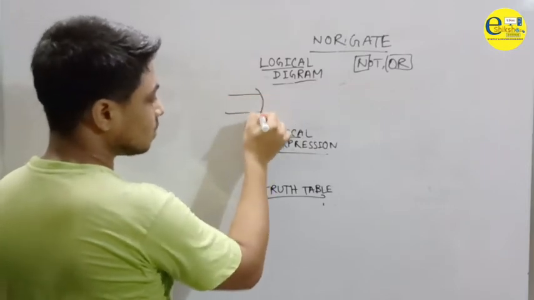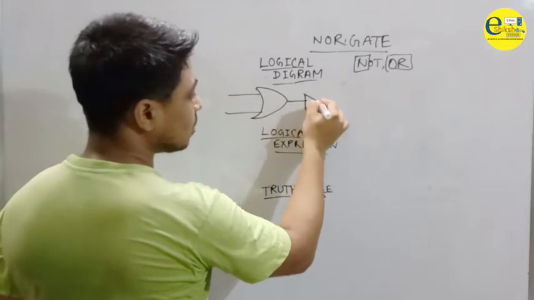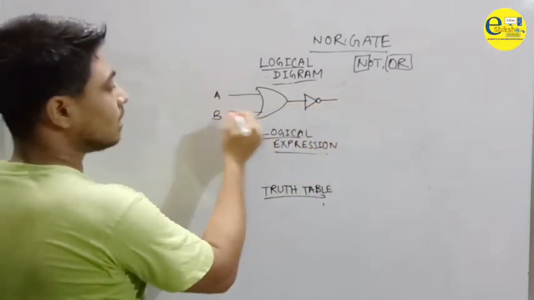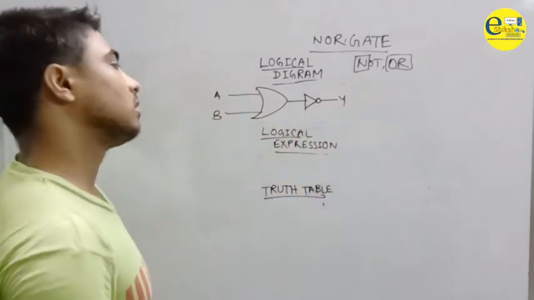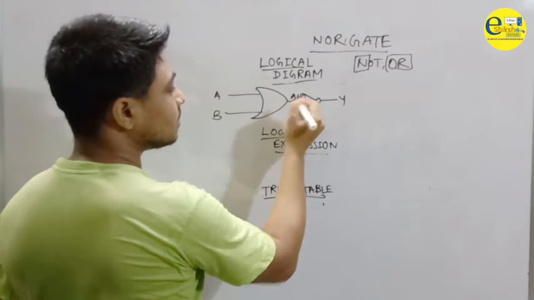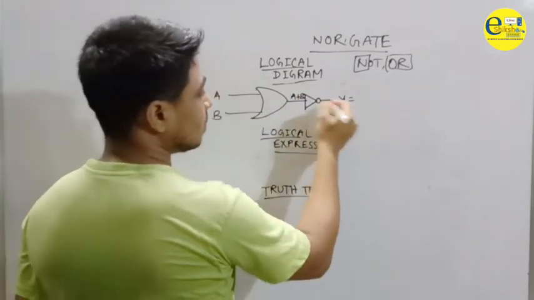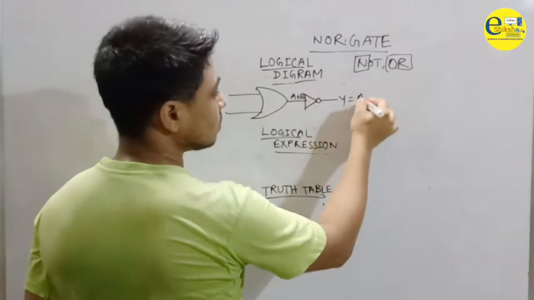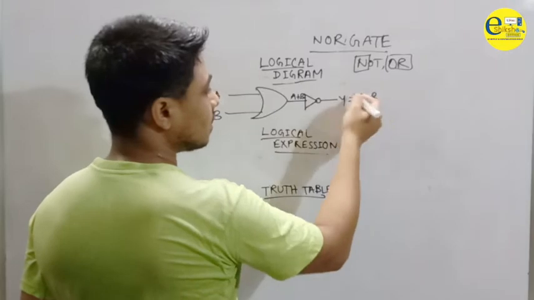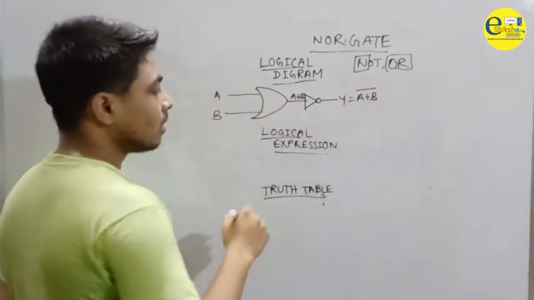We have to draw the OR gate, then pass this output to a NOT gate. So A, B, and this is Y. Here with the OR gate we get A plus B, and Y equals the complement of this input. For this NOT gate the input is A plus B, and the complement of this A plus B is like this, right?